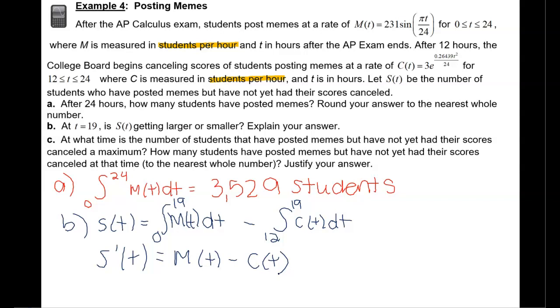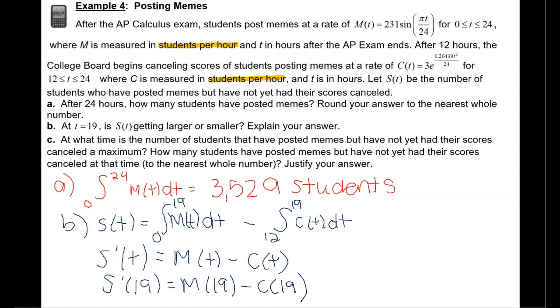That's where it gets tricky, right? Because you have to understand what it's representing. So now I want to know S prime of what number? 19. What you're going to do, this is really cool, go to your calculator, type the number 19, hit STO, X, and hit enter.